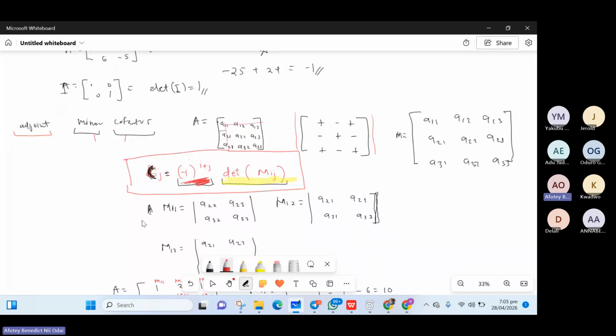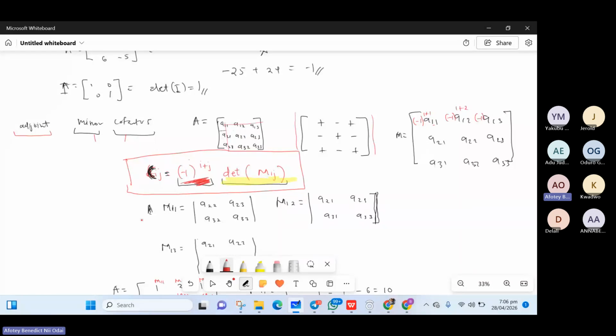So let's use this formula. The row number is equal to 1, the column is equal to 1. So this will be equal to negative 1 to the power 1 plus 1. The second one also will be negative 1 to the power 1 plus 2.